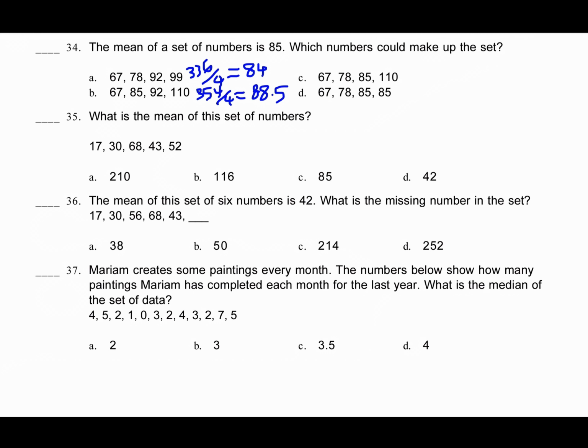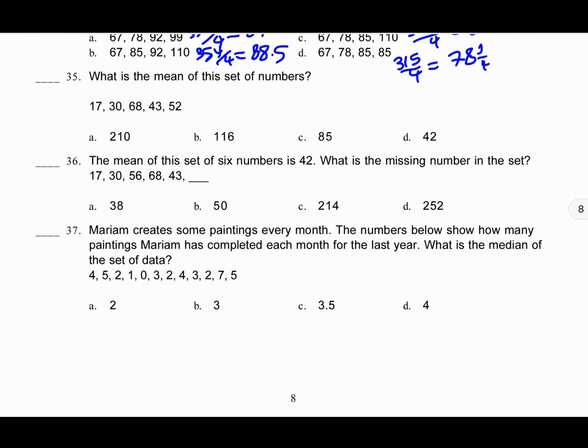Next, we have 340 divided by 4, the total of them, so the answer would be 85. And the last one, the total will be 315 divided by 4. The answer is 78 and 3 over 4. So now the right answer is C.